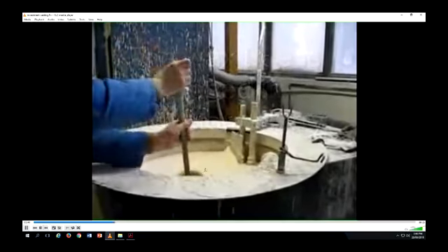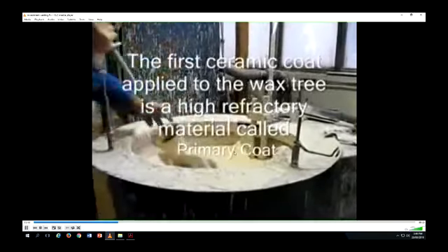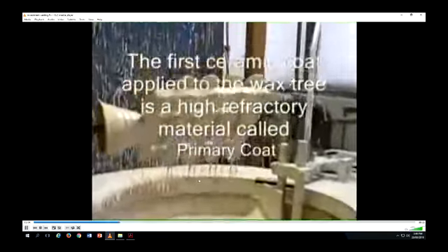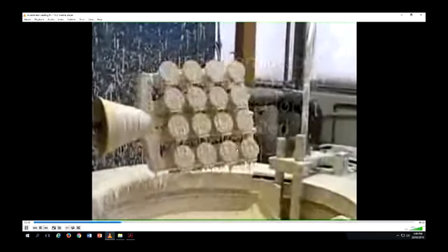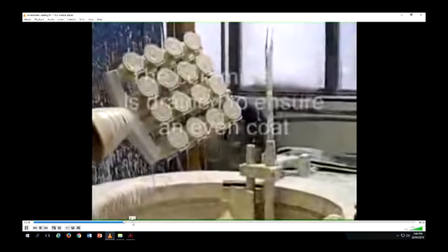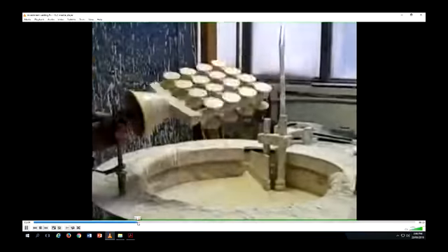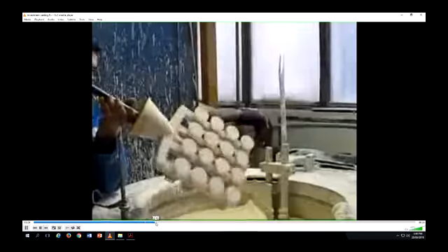There you go. So they do different types of coating to build up the ceramic mold initially. So this is the primary coat that's put in. This part is done manually, but they have to rotate it to get it uniform. It's very important to have a uniform mold. And then after this, they apply another coat to this.